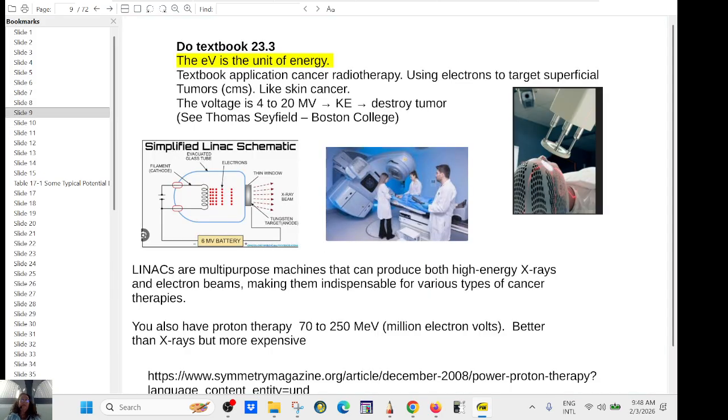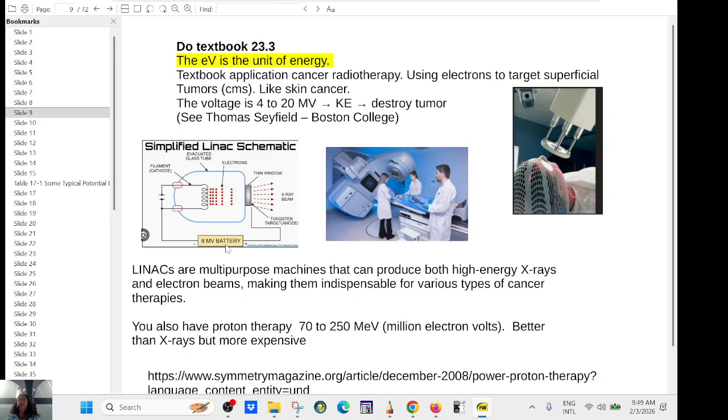Here, that comes from your book. They have a radiotherapy where they use electrons for skin cancer, so very superficial. The eV involved will be between 4 and 20 MeV. If you have a 6 megavolt power supply, it will give each electron 6 MeV.